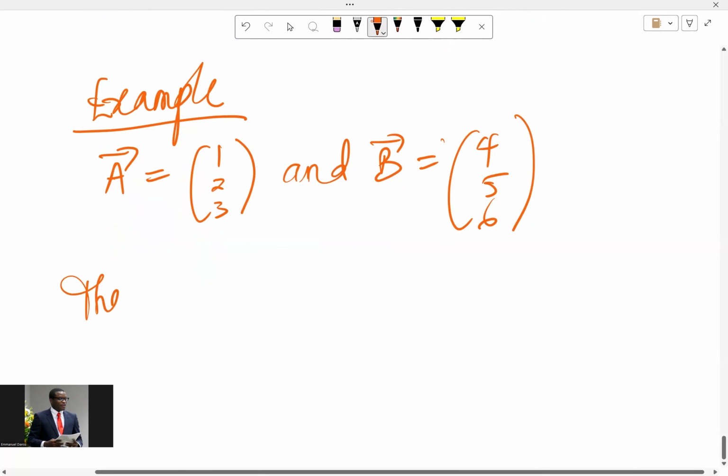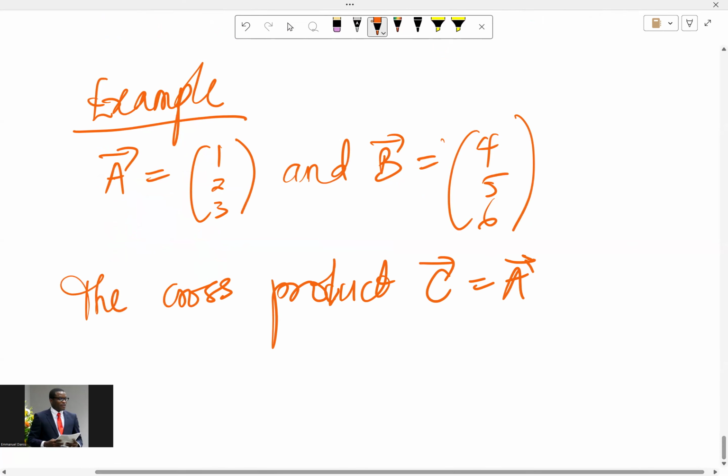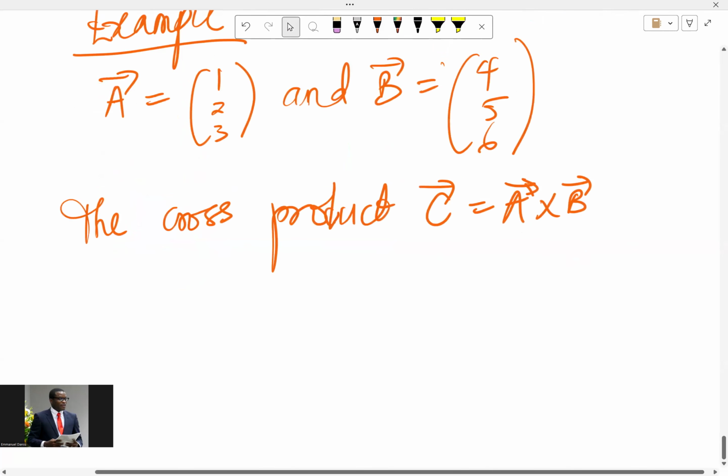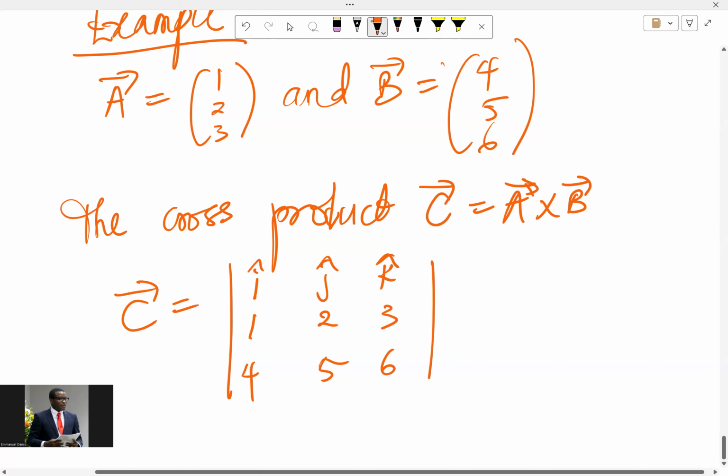So the cross product C, which is A cross B, is actually the same thing as C equals the determinant of I, J, K, then 1, 2, 3, then 4, 5, and 6.